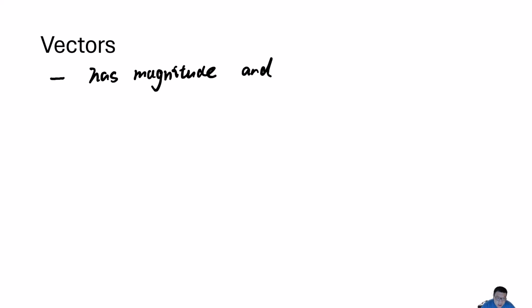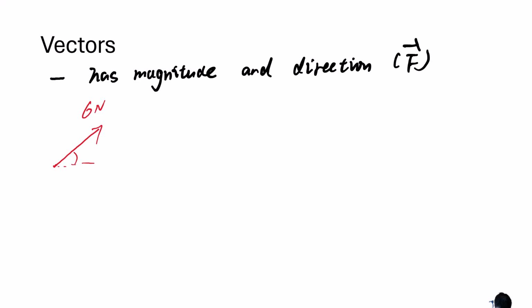Okay, so for example, the force is definitely a vector, which will be used heavily for this class. So for example, let me draw a force. Okay, let's see, it's 6 Newton, and the angle between this vector and the horizontal line is 45 degrees.